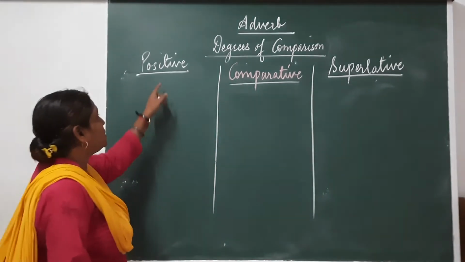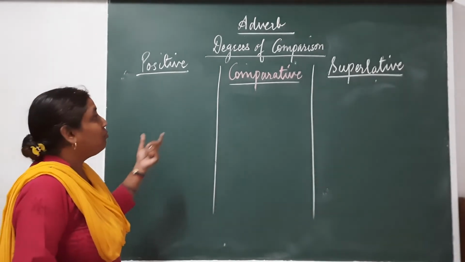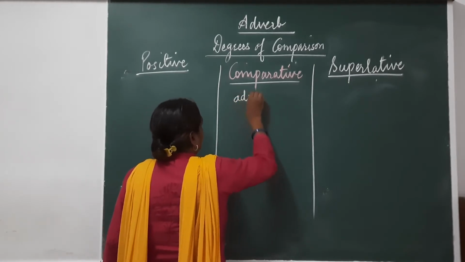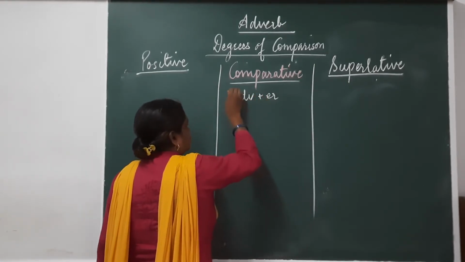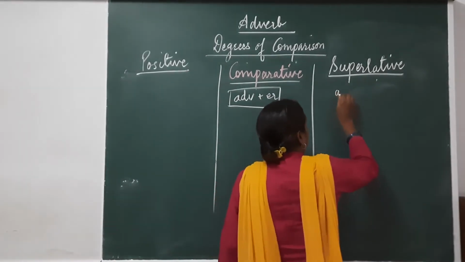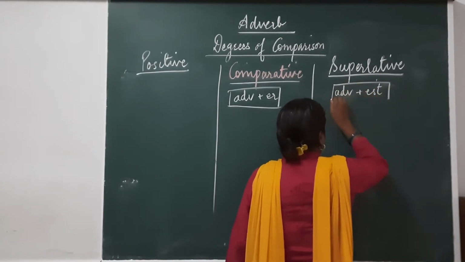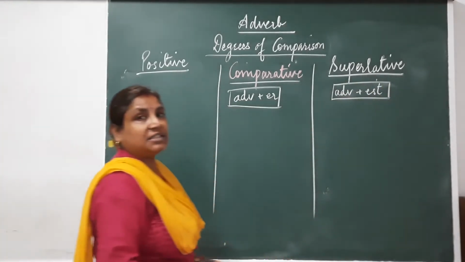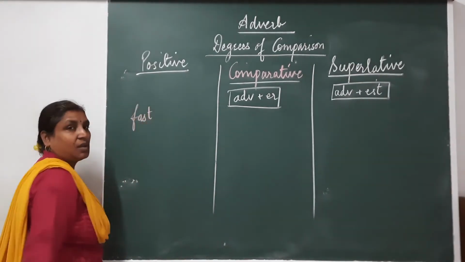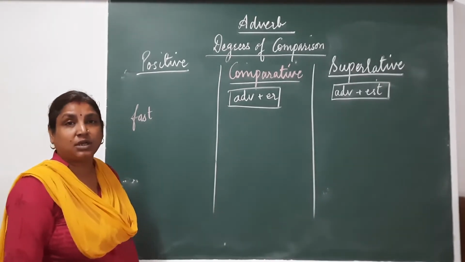In the case of positive, we do not use any suffix since there is no comparison. But for the comparative degree, we use the suffix er with the adverb. So adverb plus er. In the same way we have adverb plus est for the superlative degree. Let's take an example. Fast. Just now we studied fast, faster and fastest.